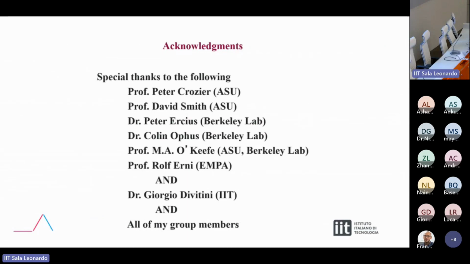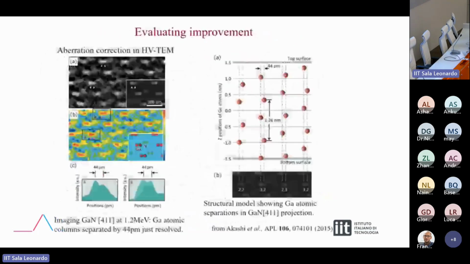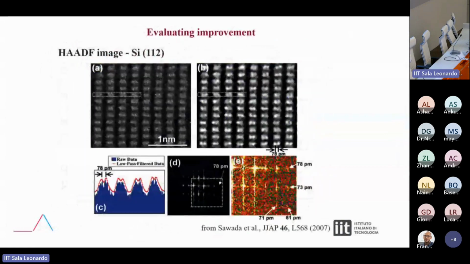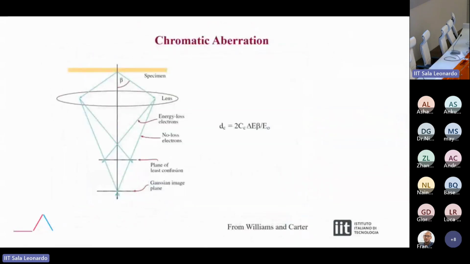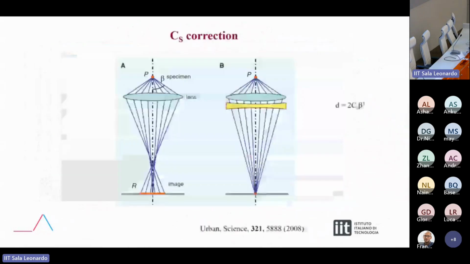In terms of the optics, okay. That's a good question. I'll just repeat it for the audience. The question is, what's the physical significance of negative spherical aberration? So when you apply a negative CS, here is the Gaussian image plane.